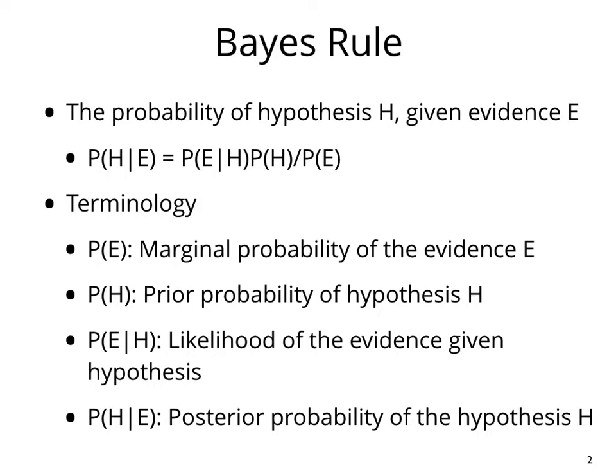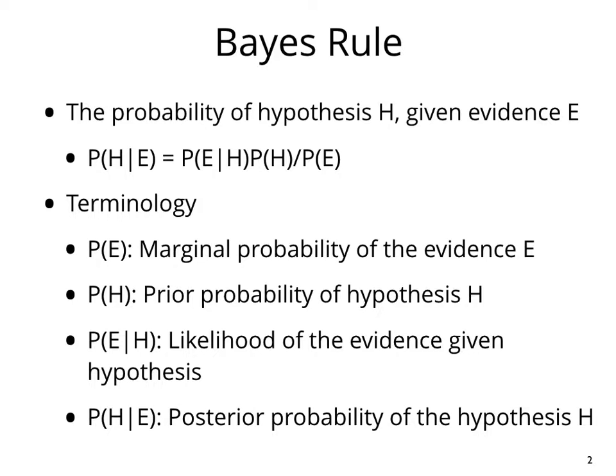We call individual probabilities such as P(E) the marginal probability of the evidence E, and P(H) is also a marginal probability, but it has a special name called the prior probability of the hypothesis. This is because even before observing any evidence, we have this much probability that the hypothesis will occur.